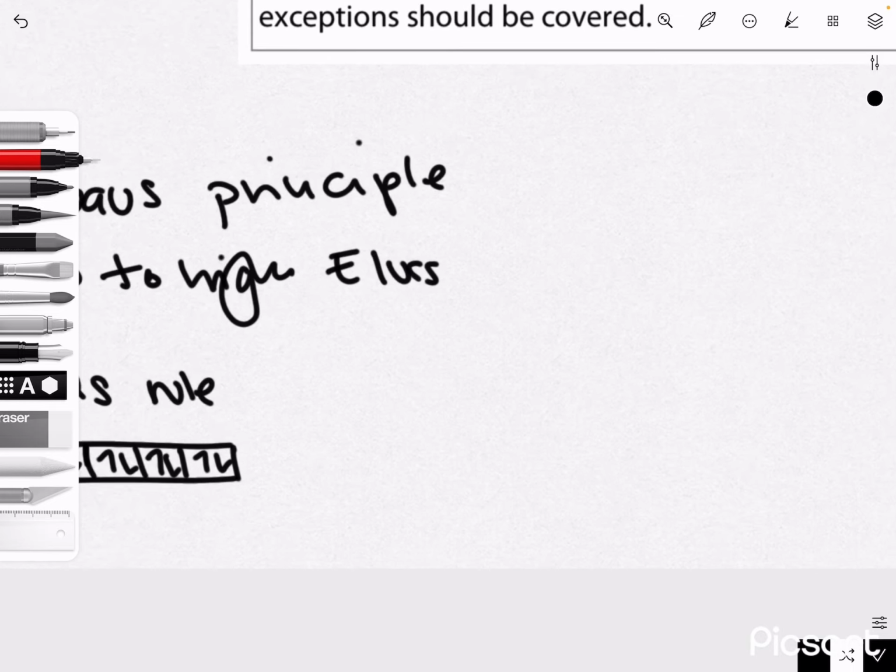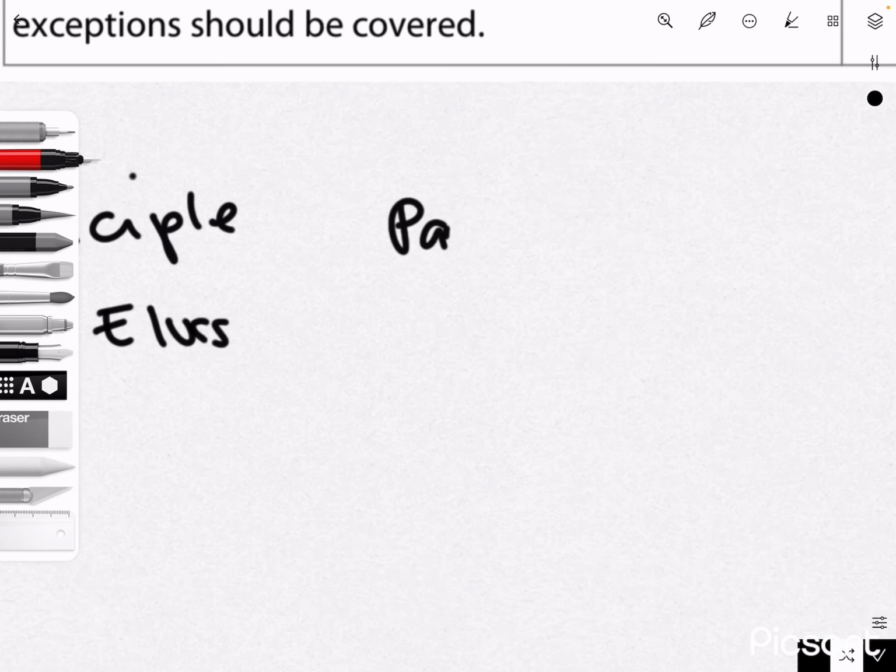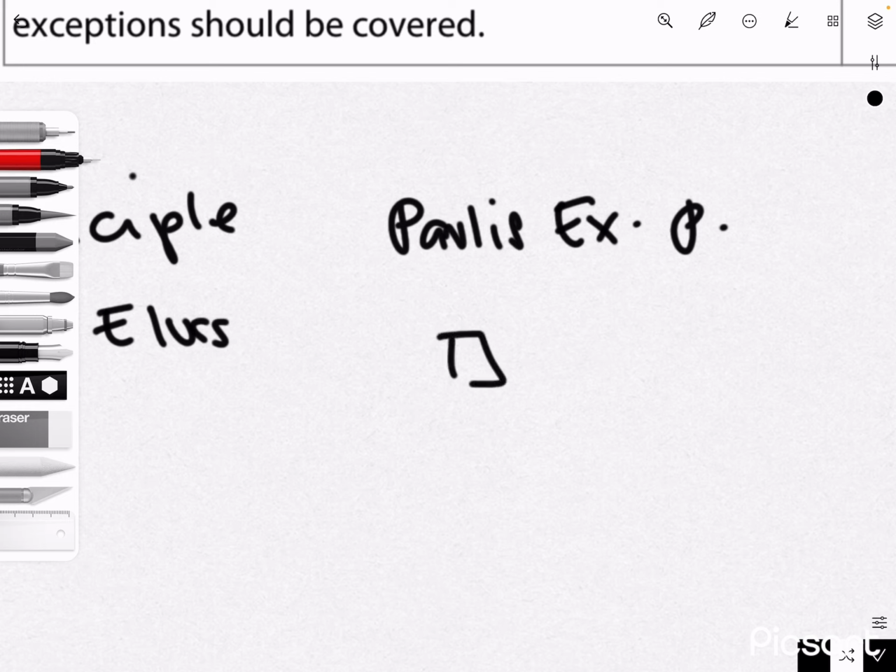Finally, we have Pauli's exclusion principle, which is that no two electrons in an atom can have the same set of quantum numbers, meaning that each orbital can hold a maximum of 2 electrons with opposite spin.